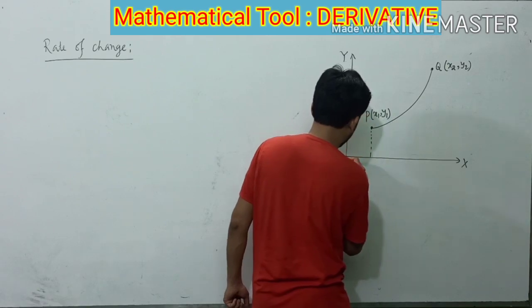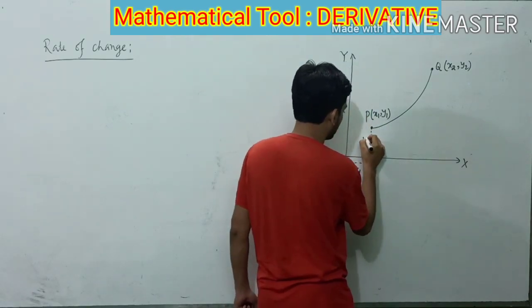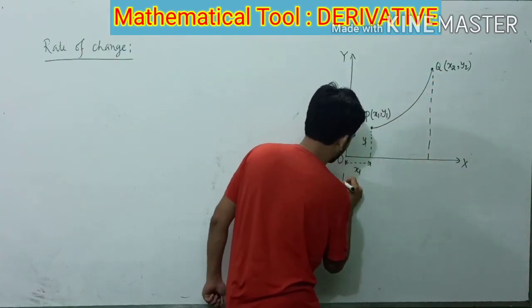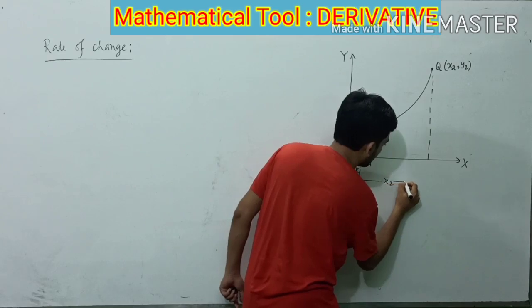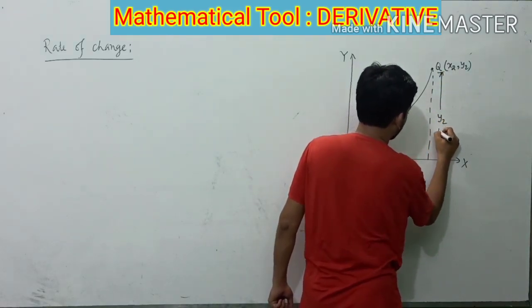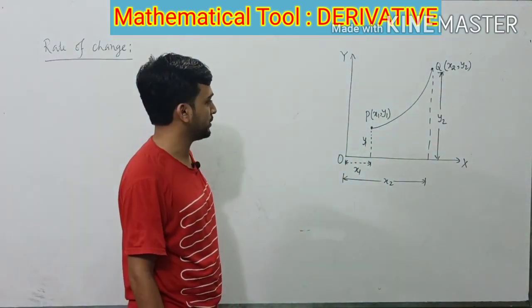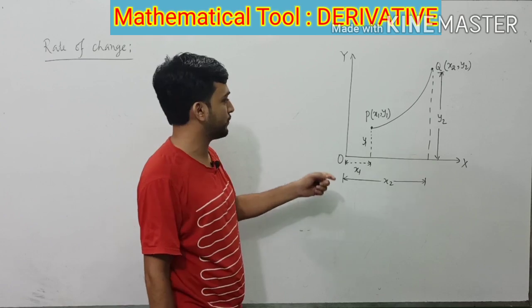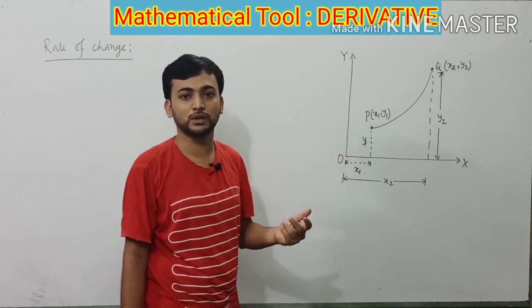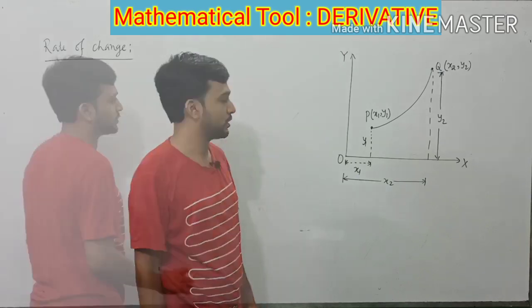Now this will be x1, this will be y1, this one will be x2, and this distance will be y2. Suppose you have been asked to find the rate of change of position of the particle along y-axis with respect to the rate of change of position of the particle along x-axis.